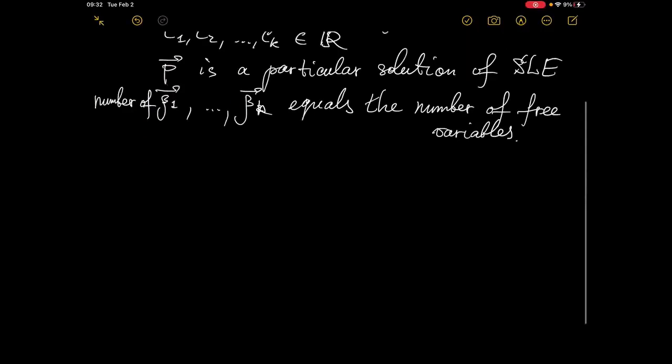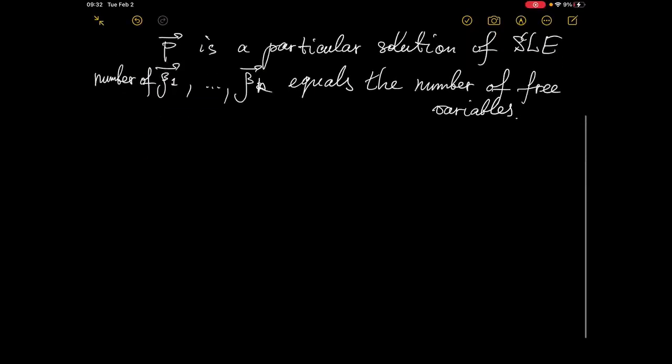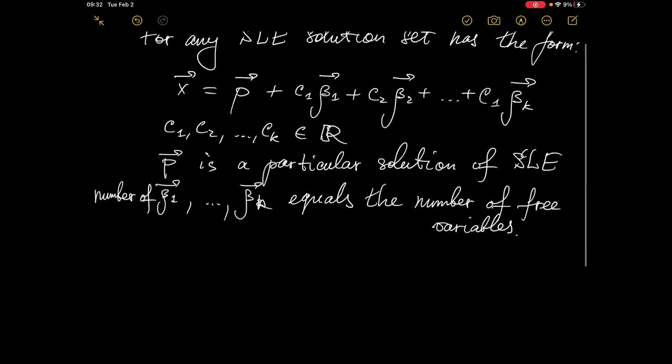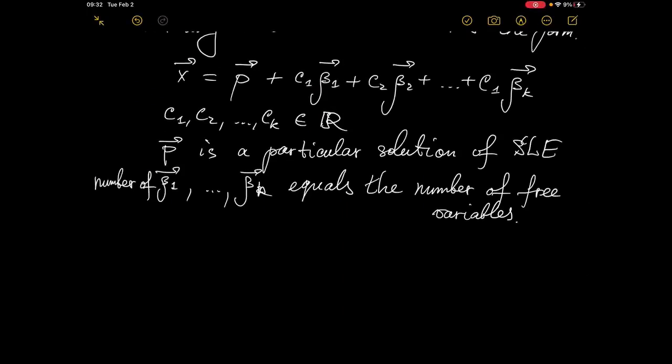So now, I explained already that a homogeneous system of linear equations is a system of linear equations with zero right-hand side, right? So, let me give a little bit more formal definition.